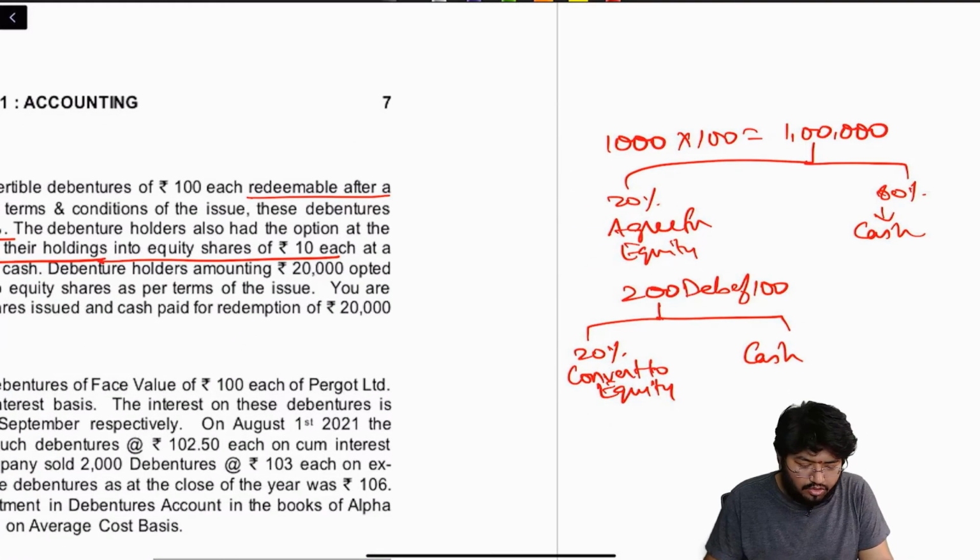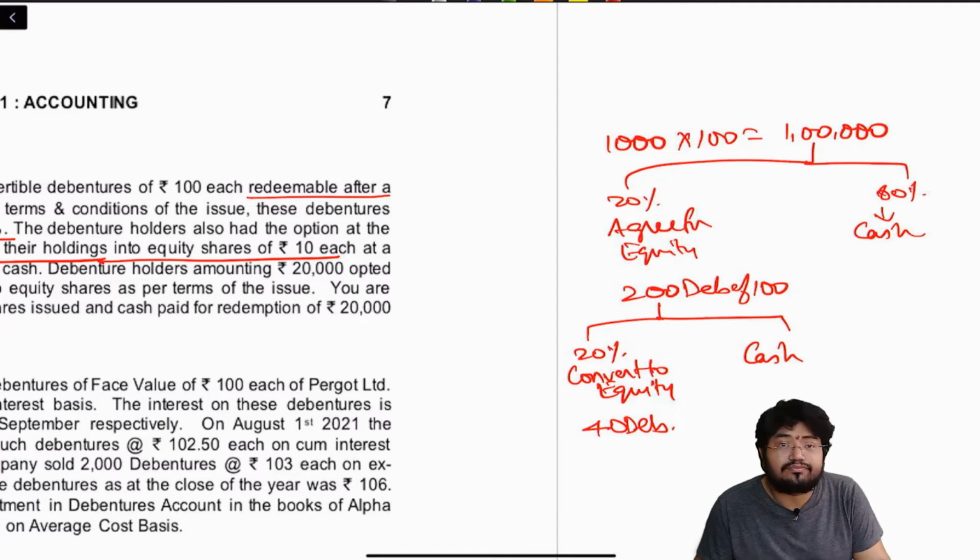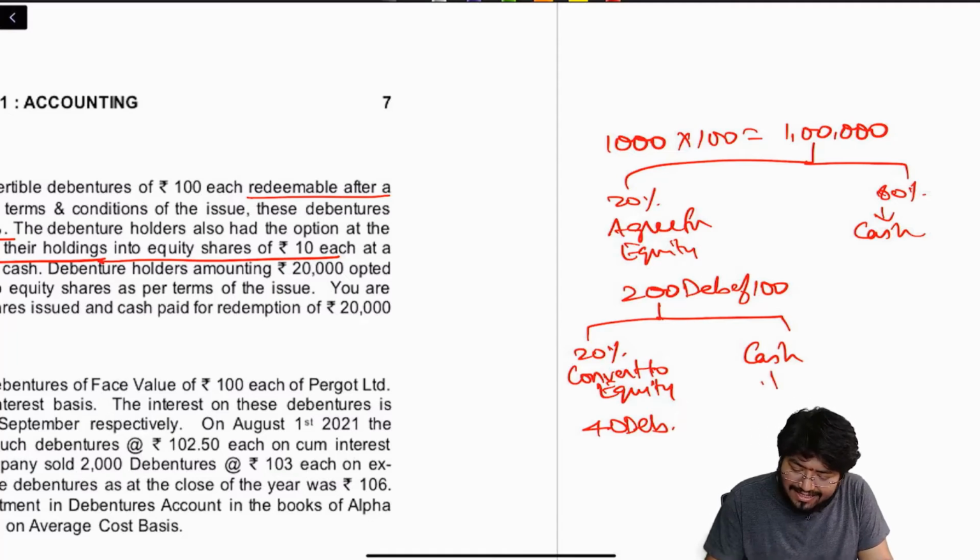So, to the extent of 20% out of 200, what is it? 40 debentures, yes or no? Yes, sir. So, cash settlement is for how many debentures now? For 160 debentures.